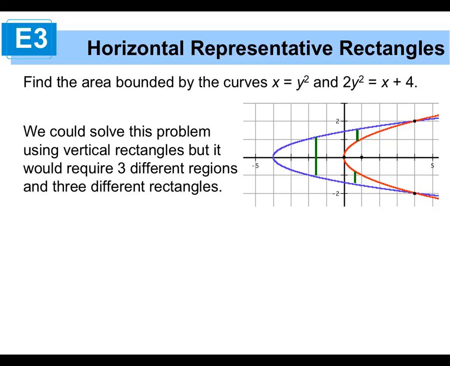So you got to figure out how do I do top minus bottom when it goes from that to itself? So you got to play with pluses and minuses and all that other gunk. Then this little region over here, that's doable. That's blue minus red. Now on the bottom here, it's red minus blue. And then I got to set up 3 different integrals, and it becomes a pain in the butt.